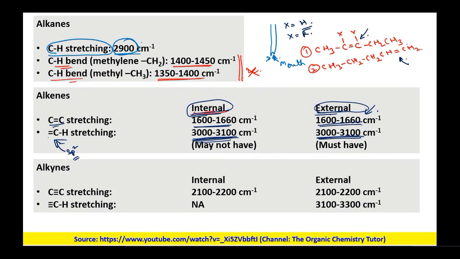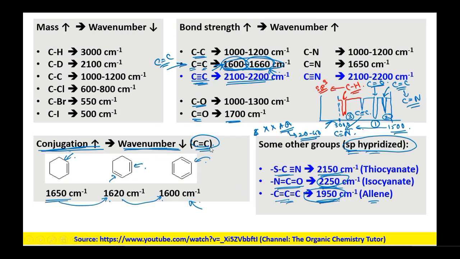If you look over here at this position, 3000 to 3100, what you will get is an sp2 hybridized carbon based CH stretching. If you go back, just after we cross 3000, we will get a sharp peak for the sp2 CH stretching.